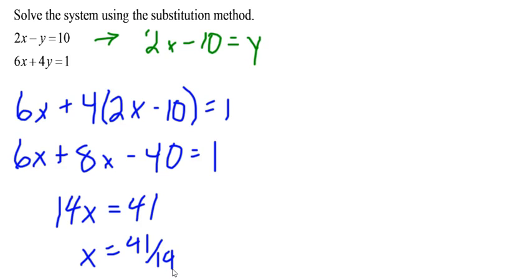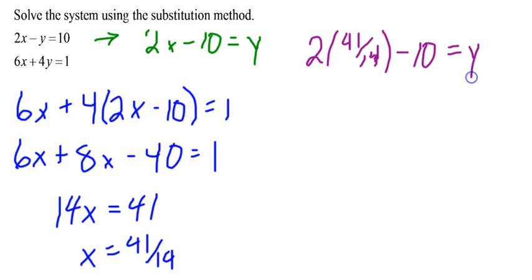If we look at our first equation, we already have y isolated by itself. So if we use that, we have 2 times the quantity of 41 over 14, minus 10, and that's equal to y. If we multiply this out, we get 41 over 7 minus 10 equals y.